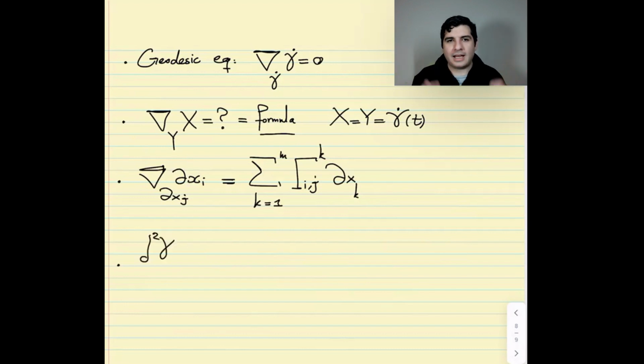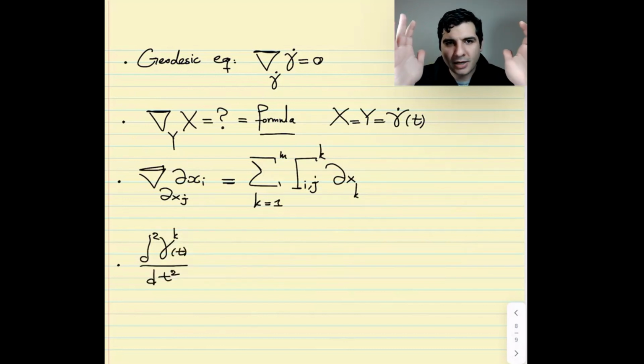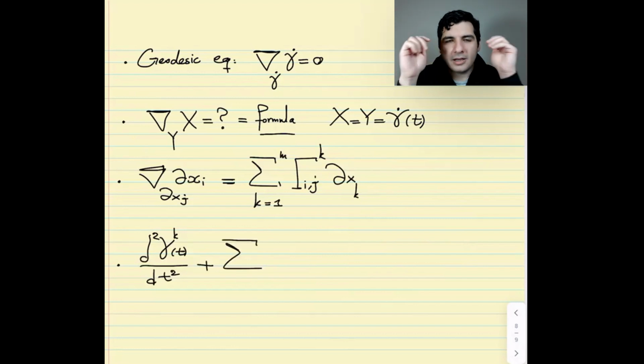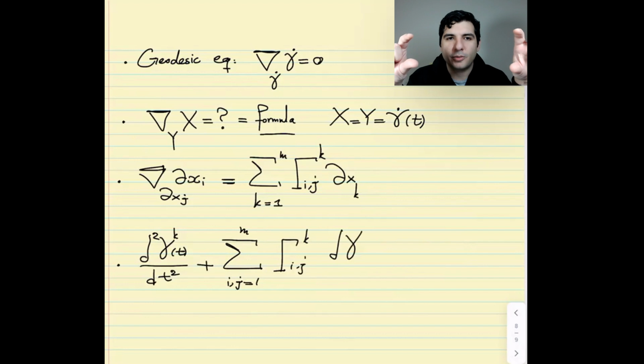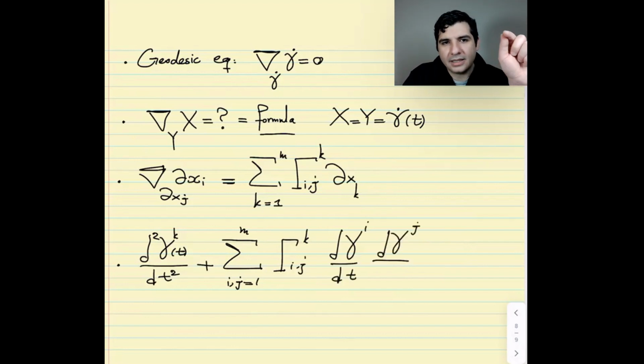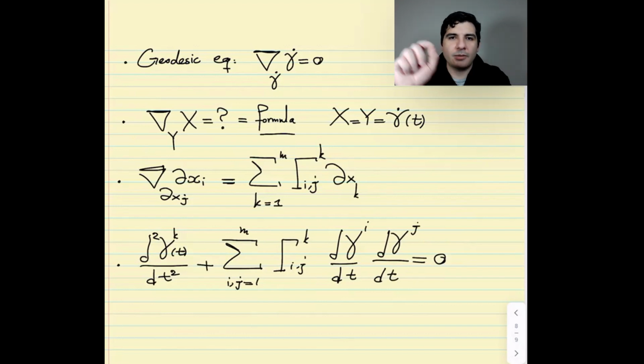If you write out the covariant derivative of x in the direction of y, replace x and y with gamma dot, that being equal to 0 gives you the following. For every k from 1 to m, we get one formula. So for every k, the second derivative of gamma k with respect to the parameter t, plus the sum of Christoffel symbols Gamma k ij times d gamma i/dt times d gamma j/dt, equals 0.